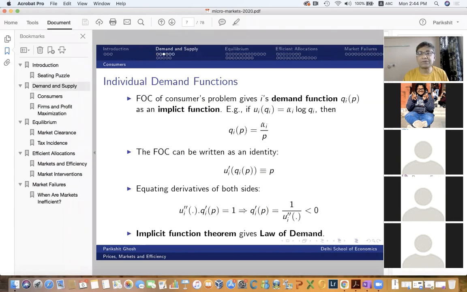And then just by transferring terms, we can express Q, the quantity the consumer will want to buy, in this form: alpha_i by P. So there's a negative relationship in this particular case between demand and price. As price goes up, this particular consumer will want to buy less and less, in inverse proportion. If the function was different, we'll have a different kind of relationship.